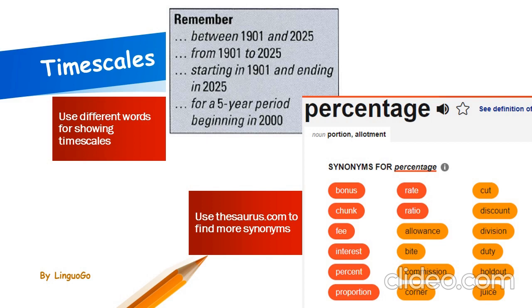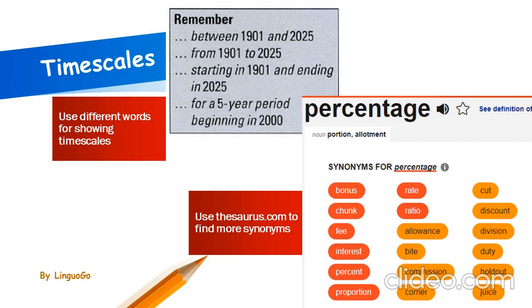You can just calculate how long the period is and say it in one word, instead of saying all these years. It's one of the best techniques of giving the time scale. You just make it a period: for a 5-year period beginning in 2000.